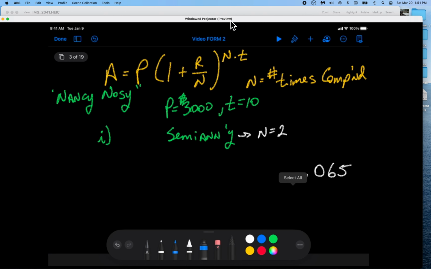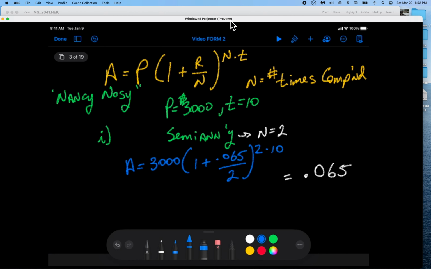Okay, so let's go ahead and do that. The amount present is going to be 3,000, which is the initial, times 1 plus 0.065 divided by 2 raised to the 2 times 10.